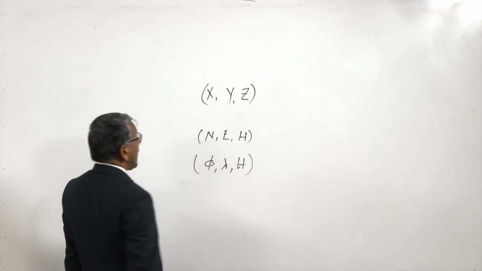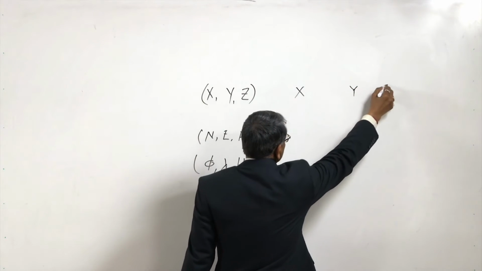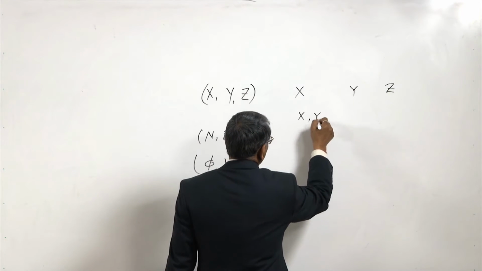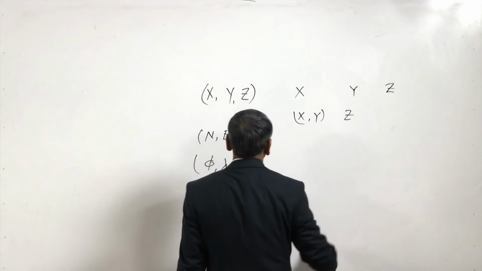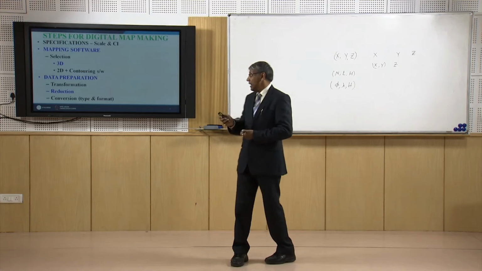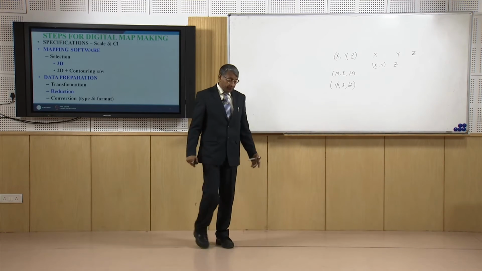Or some may want X, Y, Z in individual columns, some may want X and Y together and Z in another column. So how the software will accept the data is important.